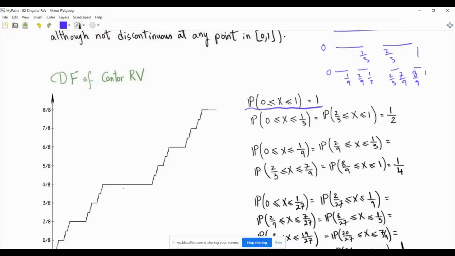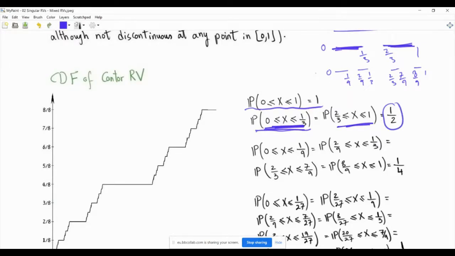There are no Cantor numbers between 1/3 and 2/3, because that part is removed during the construction of the Cantor set. So we divide the probability equally: it is equally likely to find the Cantor number between 0 and 1/3, or between 2/3 and 1. So the probability of each of those intervals is 1/2.